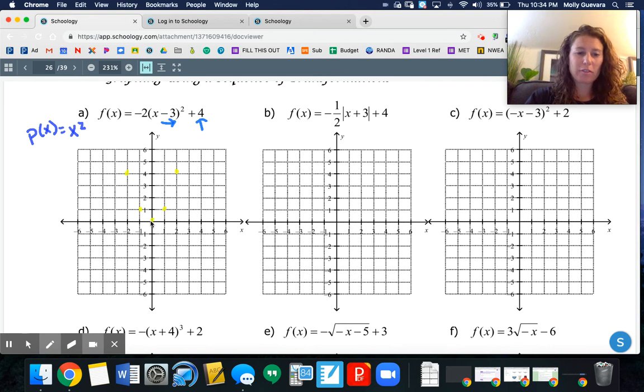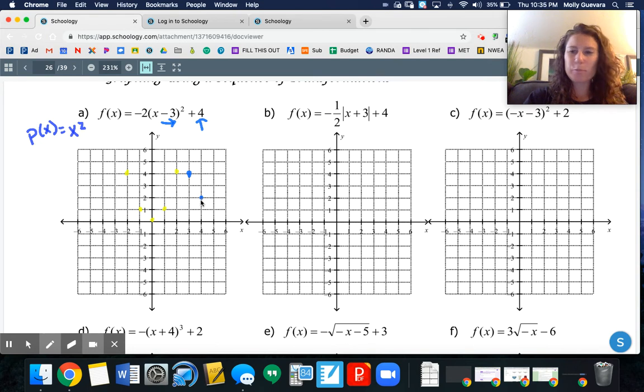Reflected over the x-axis is still 0. And then I go right 3, up 1, 2, 3, 4. There we go. Now here we go here. 1, 1. The y coordinate of 1, 1 is 2, so I have 1, 2. Then I'm going to reflect it over the x-axis. Then I go right 3, up 1, 2, 3, 4.